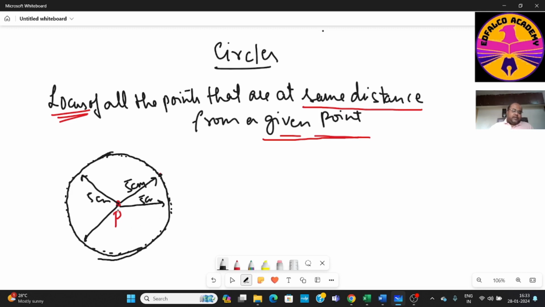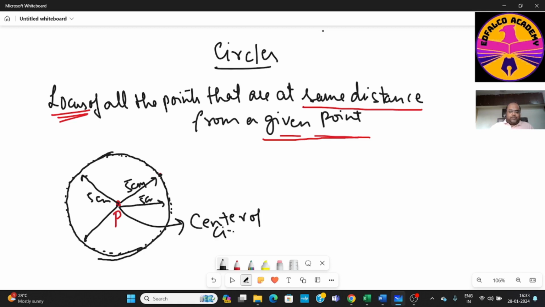A circle is the locus or path or trace of all the points that are at the same distance from a given point P. Having understood what a circle is, there are a couple of things we should understand. One is this point P, which in general we will call the center of the circle.